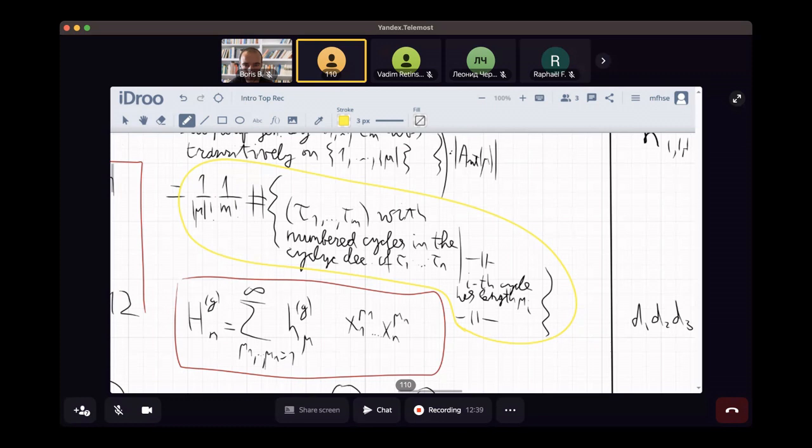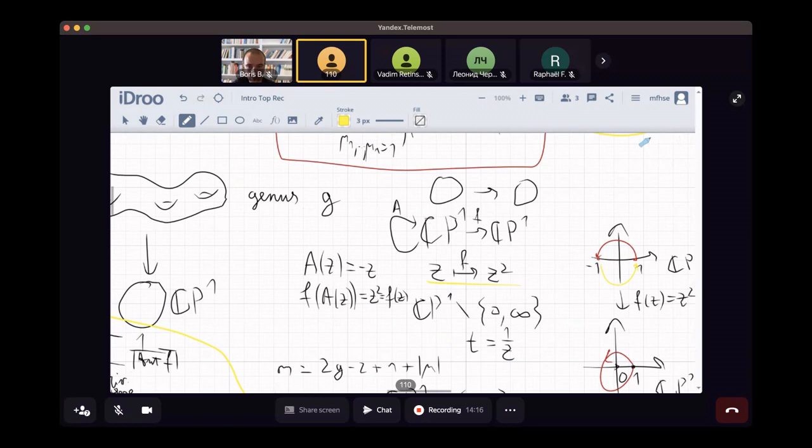And what are the ramification profiles there? Yeah, well, I meant, how does this look in a similar way like here? So in this example, we have CP1, infinity, 0, and we have only two sheets, right?